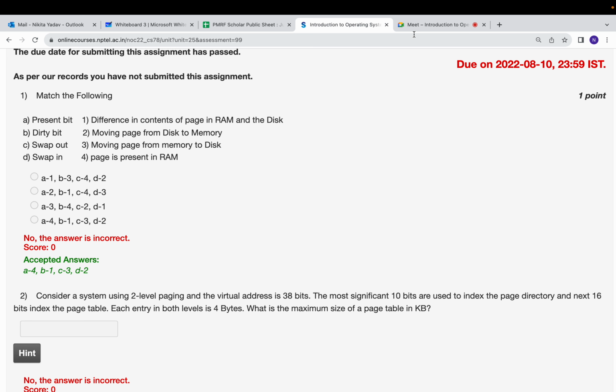So the page directory is the page table of page table, and the bits in the page table index are the page of page table.